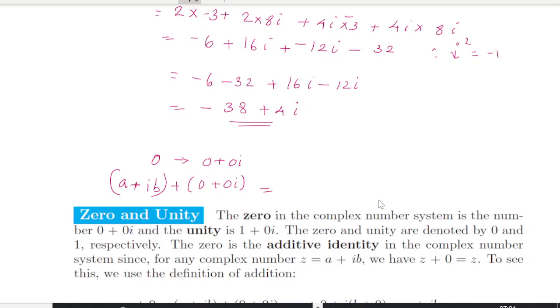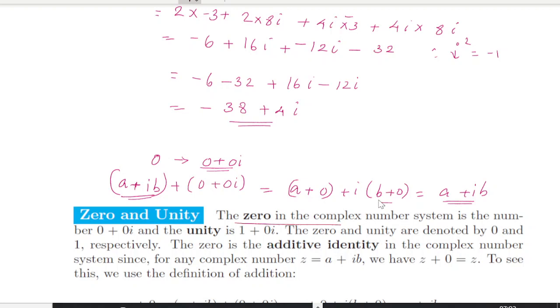That means the real part first, then plus i into the sum of the imaginary part. So it will result in a plus 0 plus i into b plus 0. So it will result exactly in a plus ib from where we started. So this is called the 0 of complex number. That is 0 plus 0i.